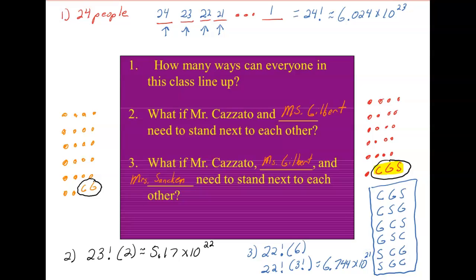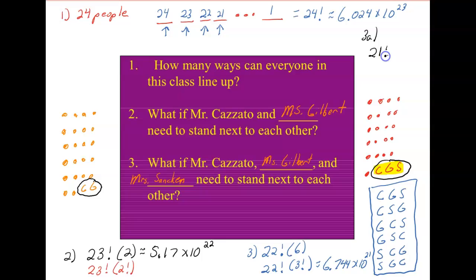So going back to problem number 2, technically, this is 23 factorial times 2 factorial, but 2 factorial is 2. So let me add an extra question here. Suppose we said 4 people needed to stay together. So problem 3A: the 3 teachers and 1 student needed to stand next to each other. So if you consider the red dots, and I put another student with the red dots, that means there would be 21 objects being lined up.